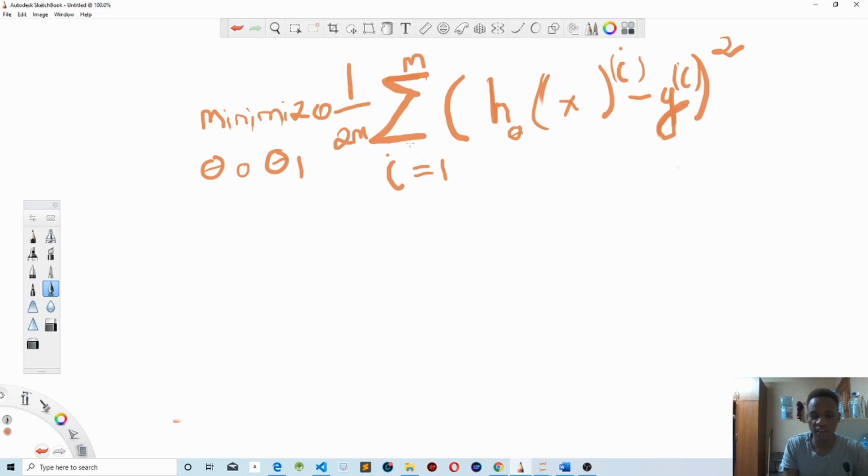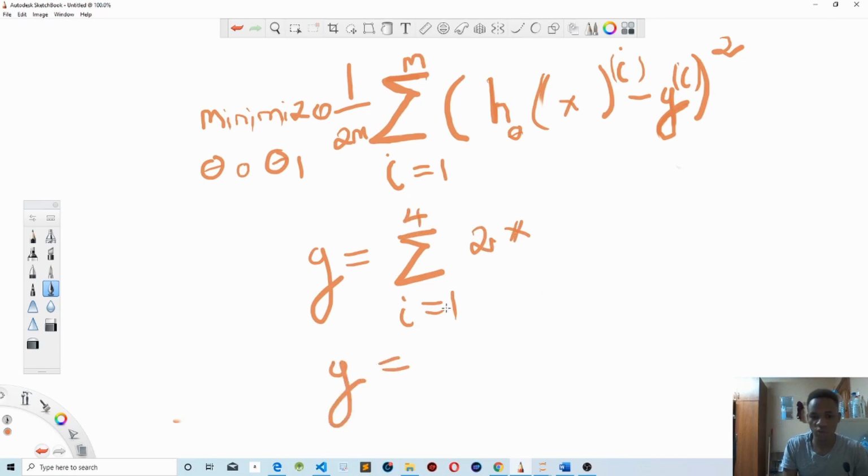This summation sign means that we are just going to sum all the values of h theta and y i. If you don't understand what this summation means, it's just an addition. Let's say y is equal to the sum from i equals 1 up to 4 of 2i. If we substitute 1 here, it's going to be 2.